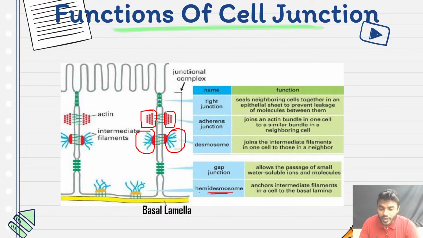And friends, hemidesmosomes are also involved in the joining of intermediate filaments only. There is no doubt about it. But they join the intermediate filaments not from cell to cell, they join them from the cell to the basal lamina. Kindly do not get confused with this point at all.